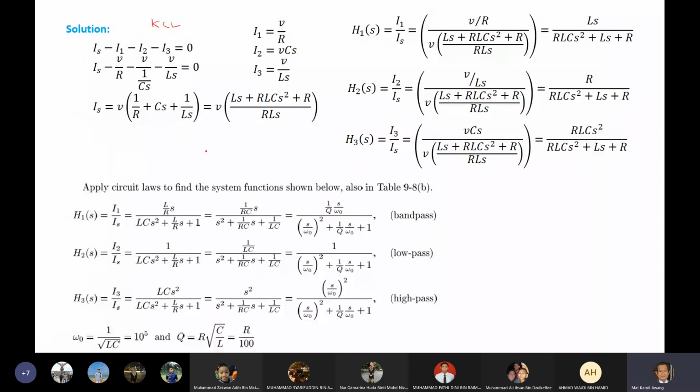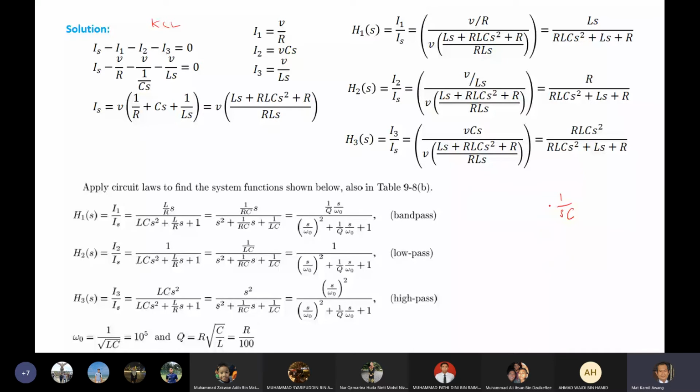So V over R. I2 is basically V divided by the impedance of the capacitor. What is the impedance of the capacitor? 1 over SC.